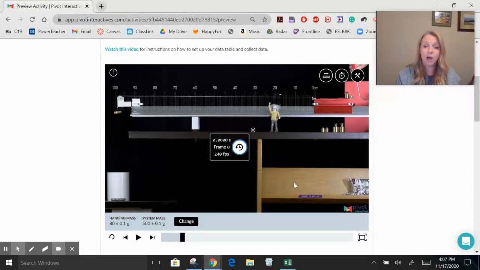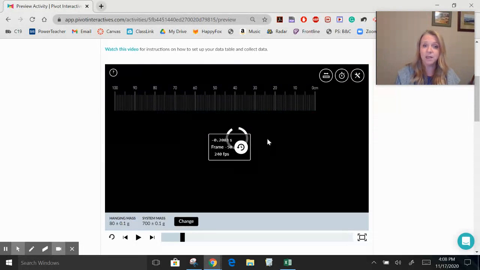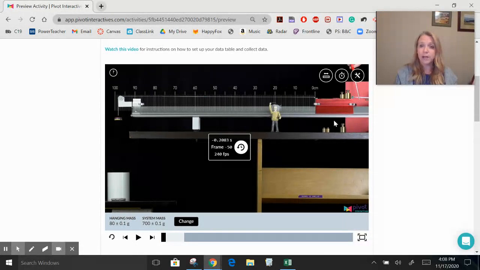Okay? Now, by comparing the displacement, how far it goes, and the time, we are going to figure out the acceleration, how it accelerated, all right? Now, I can change this mass. So I'm going to change it up to 700 grams, okay, and load it up. So now notice that one of the masses now has been put on the system.